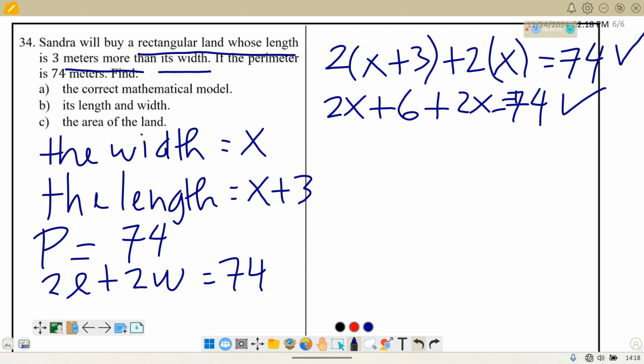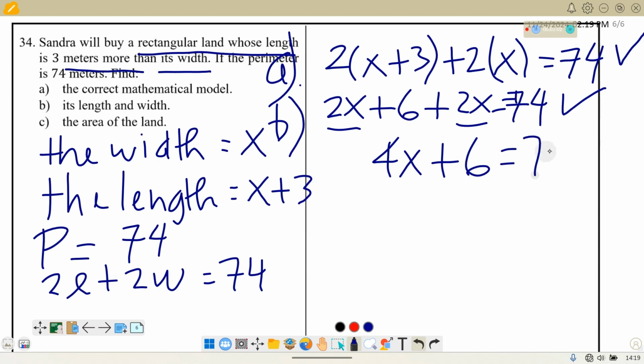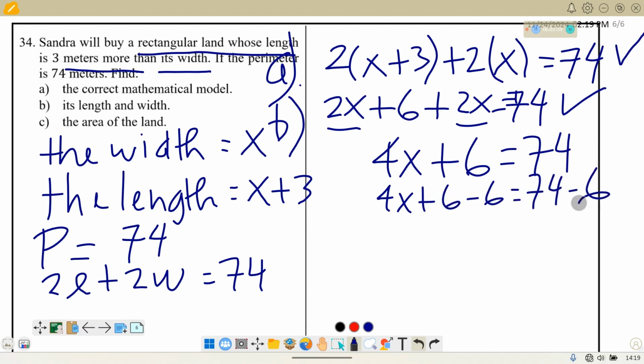Okay, now its length and width. We're going to find the value of x first. So 2x plus 2x equals 4x, and this is the answer for A. Then we answer question B. 4x plus 6 equals 74, and then we cancel 6. 4x plus 6 minus 6 equals 74 minus 6.